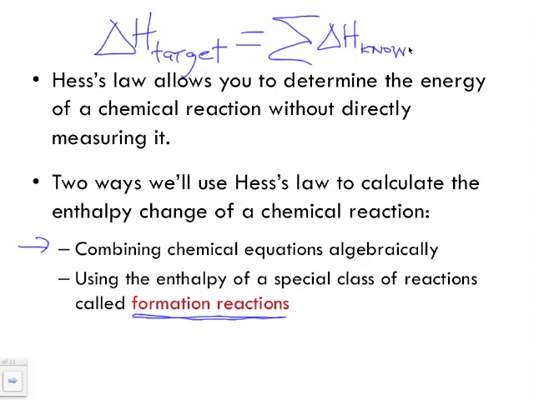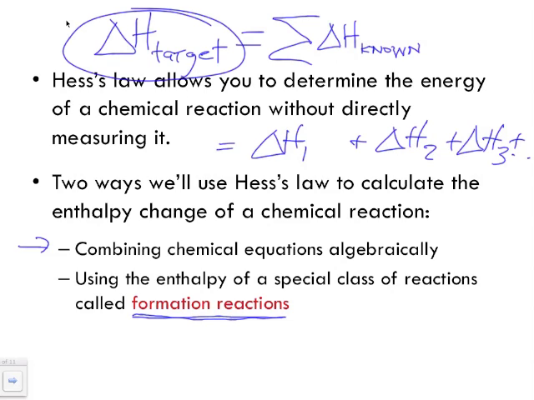So we have our known equations: the change in enthalpy for the first reaction, plus the change in enthalpy for the second, plus the third, and so on. That's how we get the target. So the target change in enthalpy is equal to the sum of the changes in enthalpy of all our known equations.